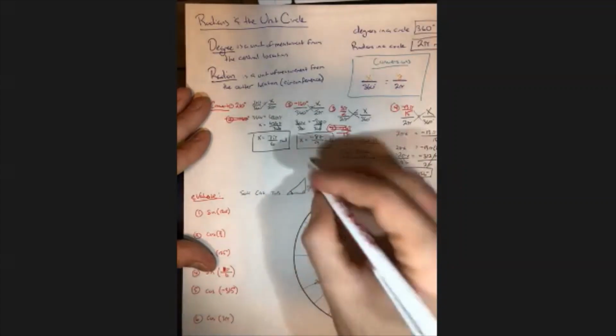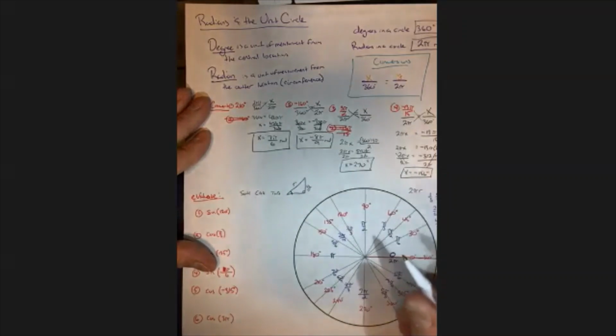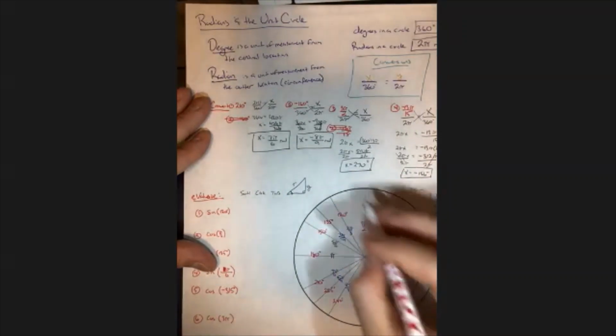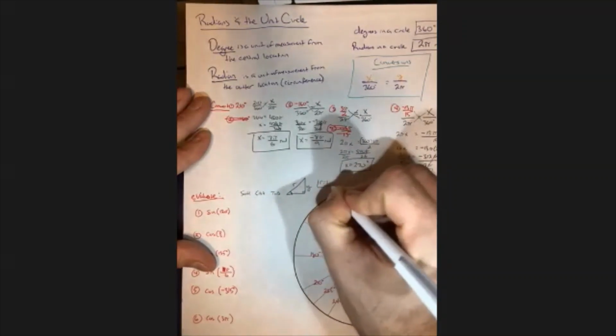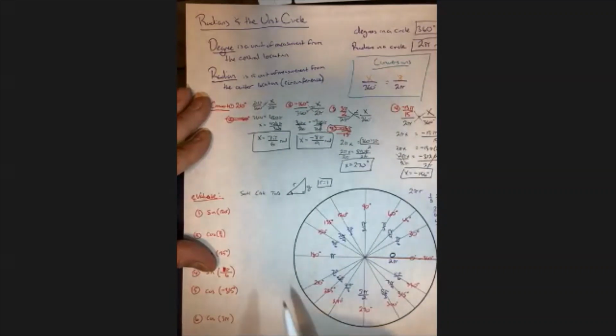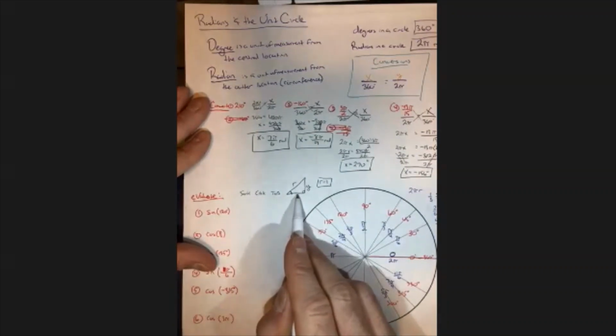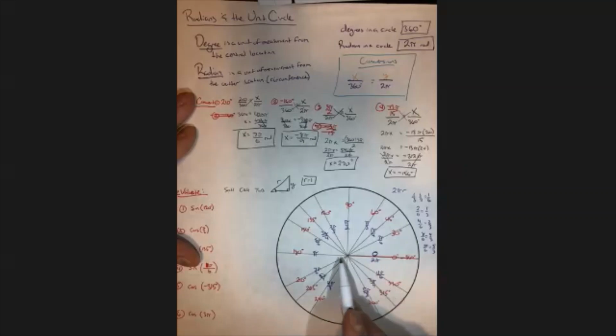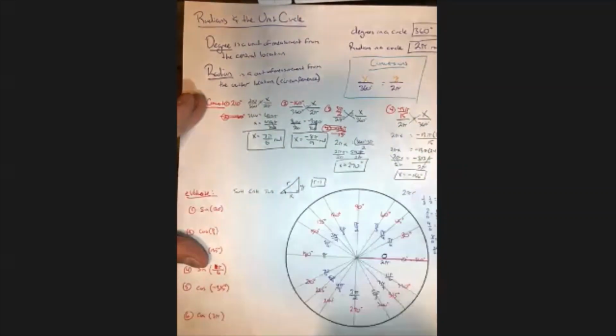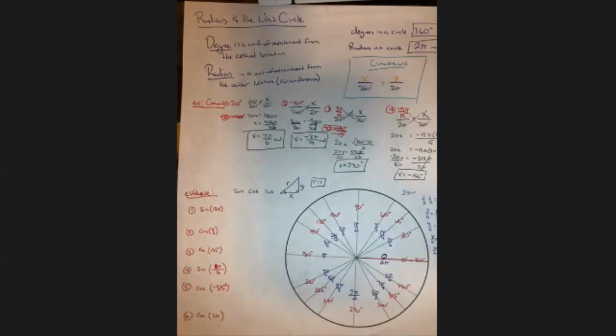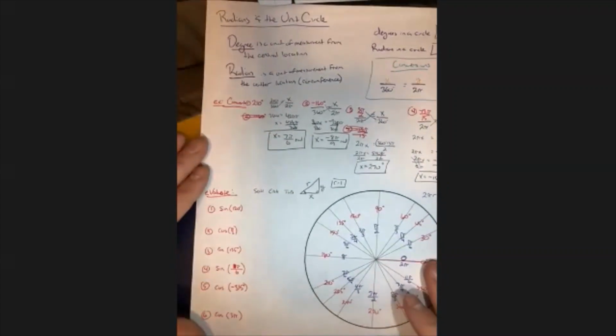The hypotenuse is always going to be our radius, which for a unit circle is always equal to 1. And then the adjacent side is going to be your x value. So let's keep that in mind as we look at this.